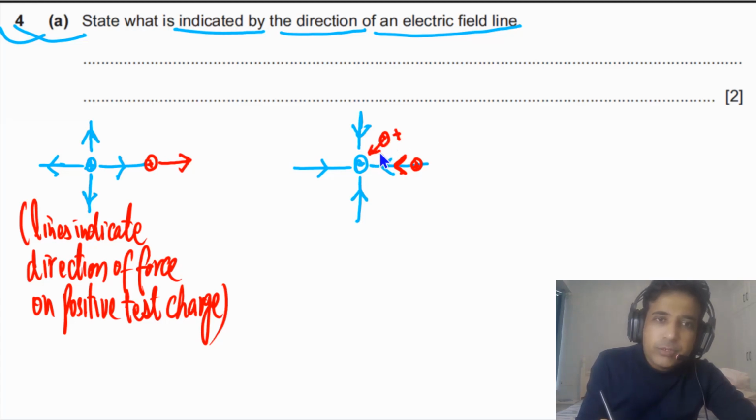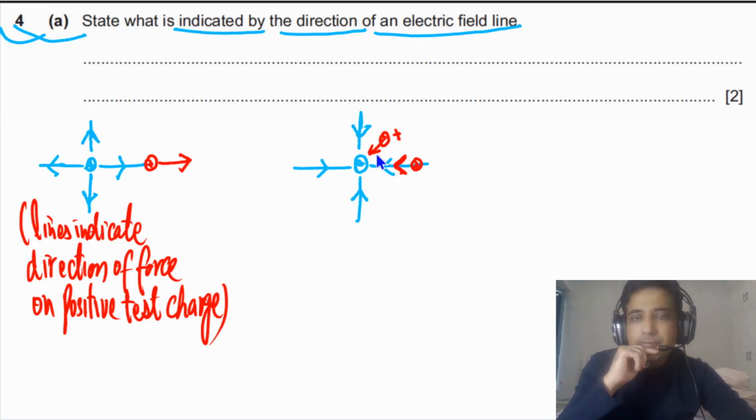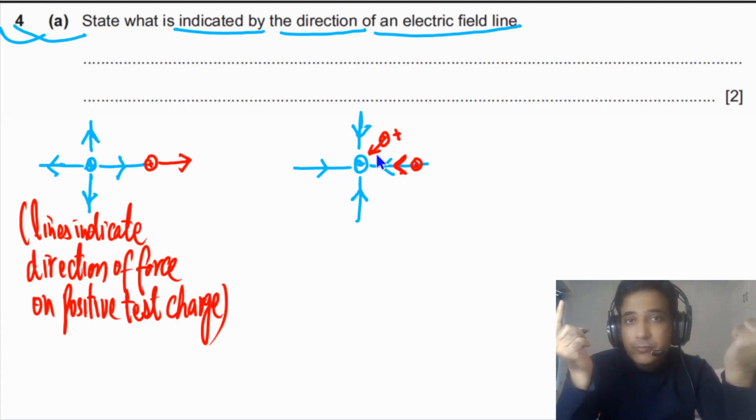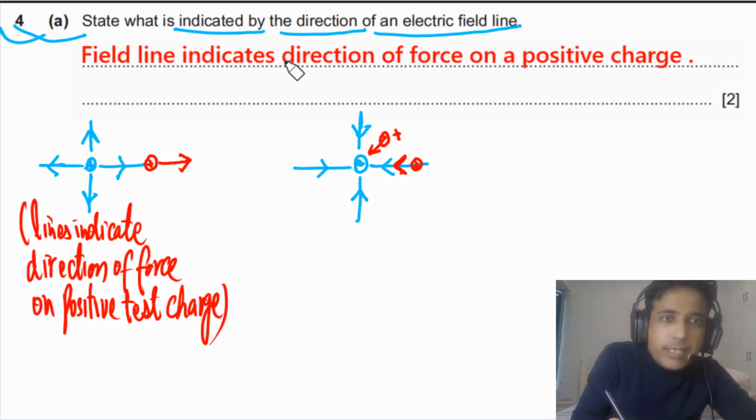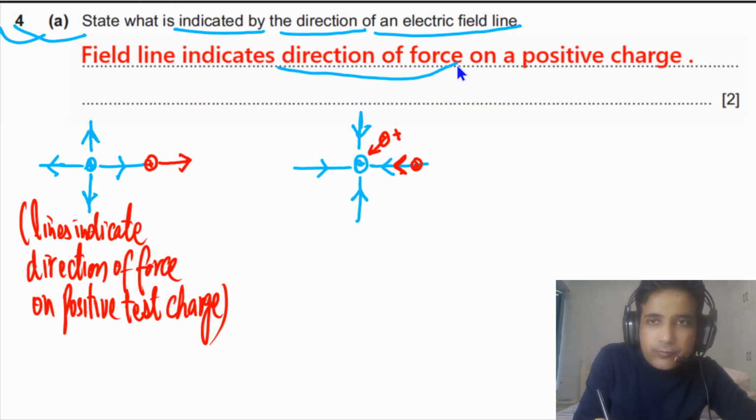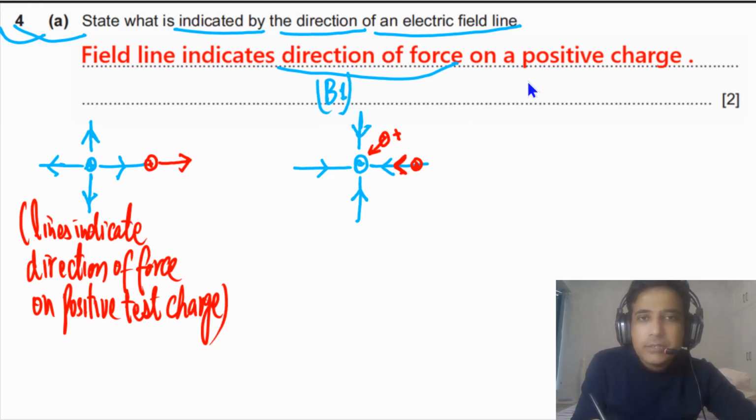So a field line simply tells us the direction of force on a positive test charge. You can write down: field lines indicate direction of force. So you will get 1 mark, and this is the M mark. If you have written on positive charge, you will get another mark, and this one will be the A mark. This is how these 2 marks will be awarded to you.